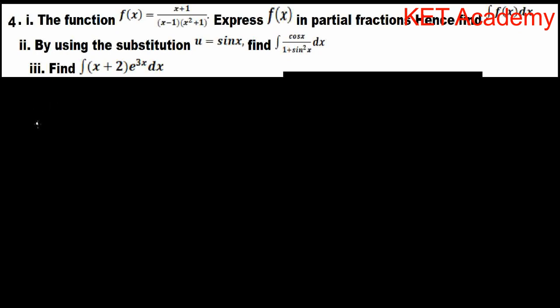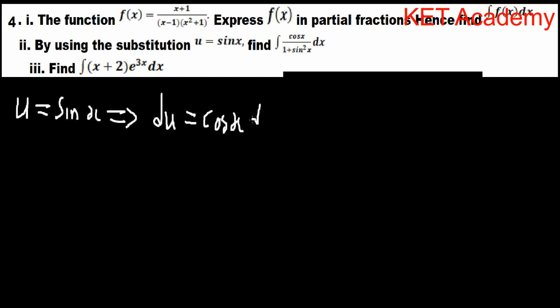In other cases you won't be given the substitution, so you are the one to figure it out, but since they have given us the substitution, we simply use it. So we have u equal to sine x. This simply means that du will be equal to, differentiating sine x, cos x.